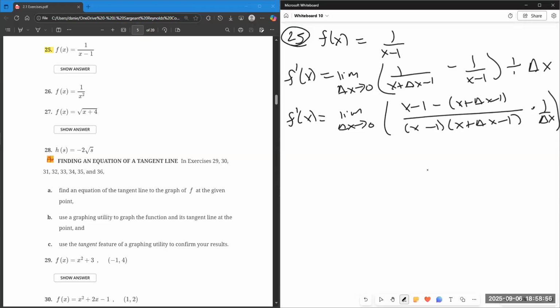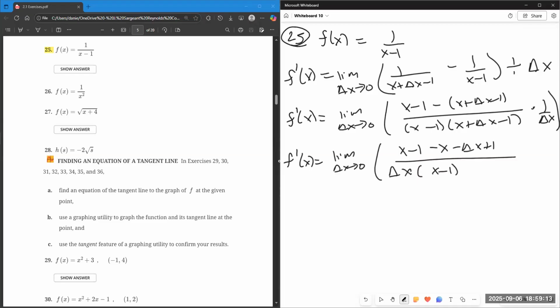So f prime of x is the limit as delta x goes to 0 of x minus 1 minus x minus delta x plus 1, over delta x times (x minus 1) times (x plus delta x minus 1).